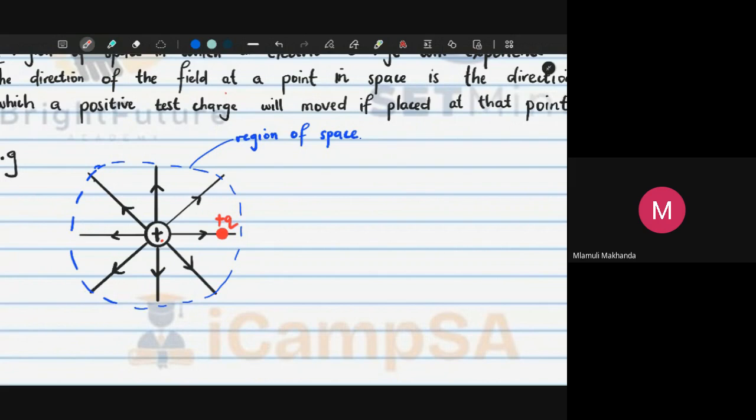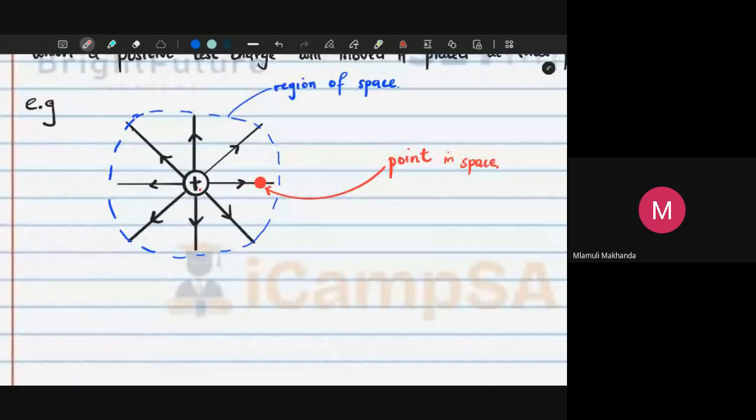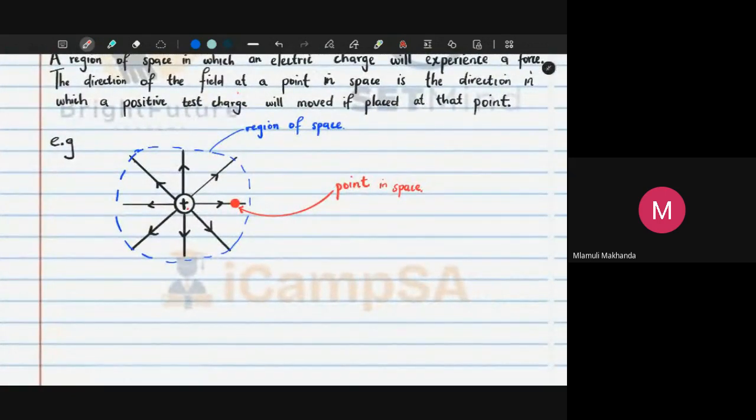So the direction of the field at point P, let's call this point P, imagine that this point in space, point P, is a positive charge, right?